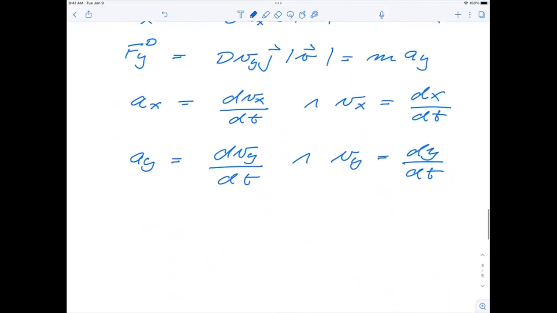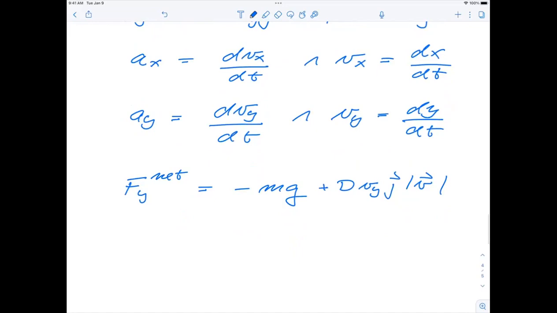If we now look at the net force in the y direction, Fy net, that is going to contain the gravitational force minus mg, and then I'm going to have plus d multiplied with this v of y, and then I'm going to have this absolute value of the velocity.